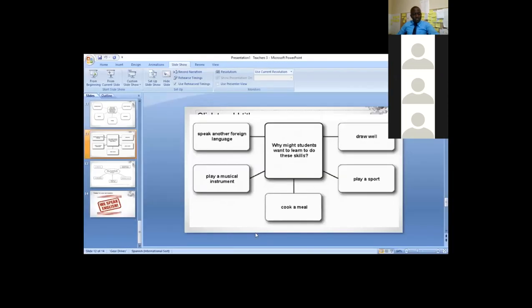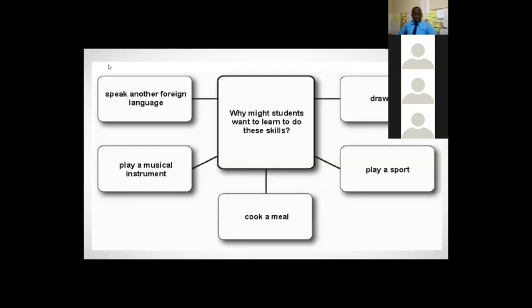When they play an instrument and play a sport, they can develop this type of skill. Then to speak another foreign language is to have a better self-esteem, and they can learn to communicate with any people in the world.